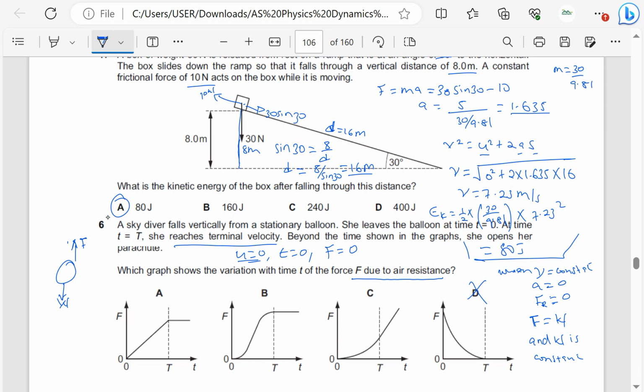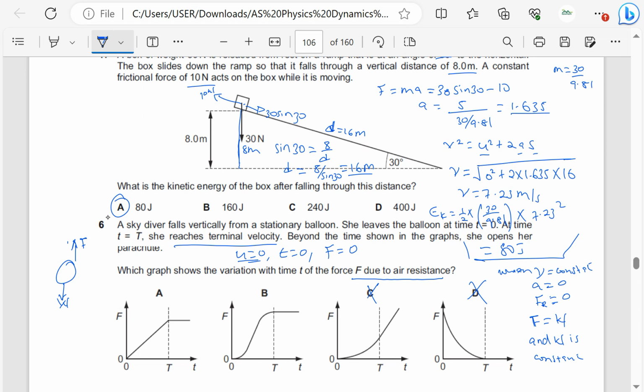So it means here it is showing that the resistive force is still increasing even after terminal velocity. So this is not correct. Remember, at terminal velocity, F will be equal to the weight, which is going to be constant.